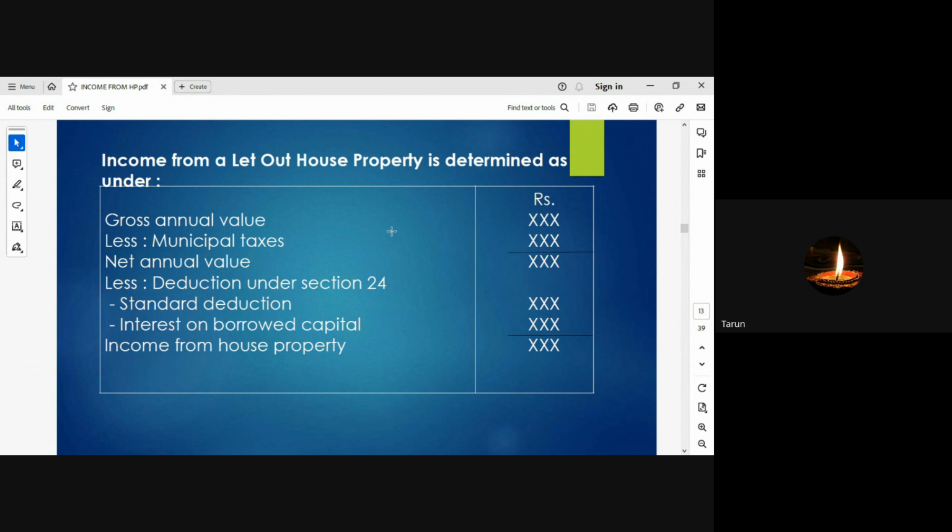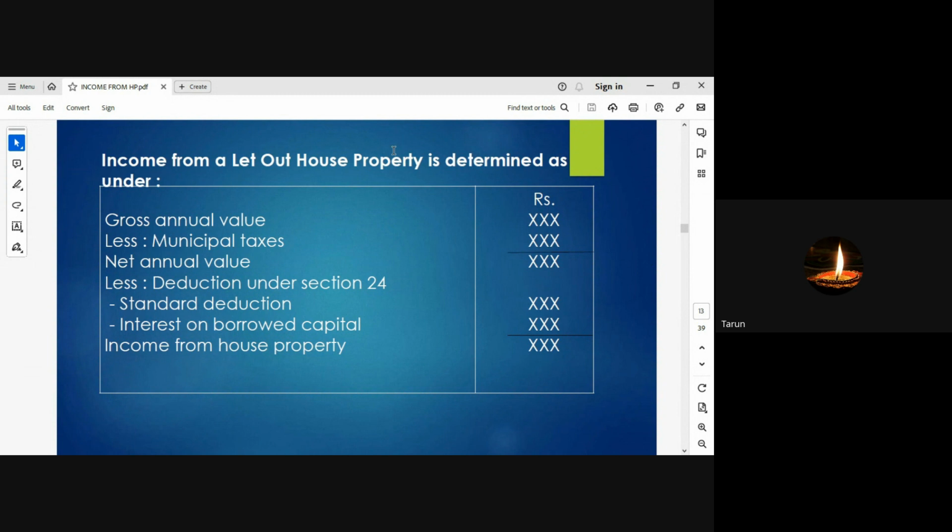The net annual value is the amount calculated by deducting the taxes from the gross annual value of the house property. Once you get the net annual value, your next step is to deduct the deductions under section 24. In the salary question, I already told you that the standard deduction is 50,000.